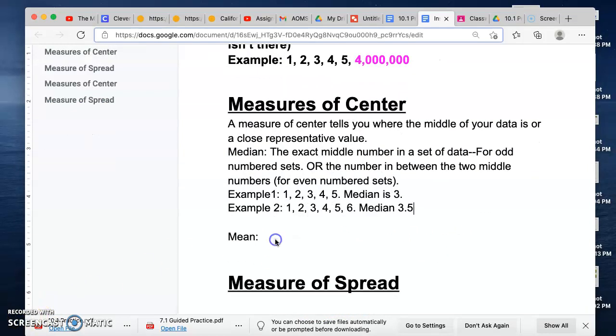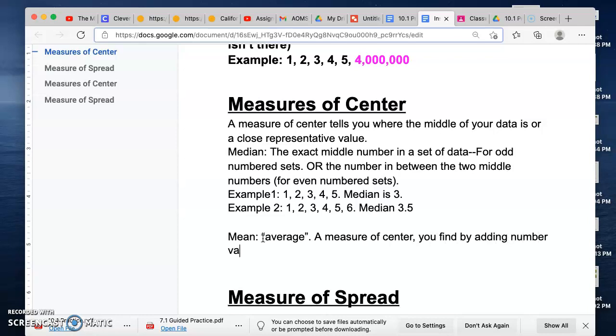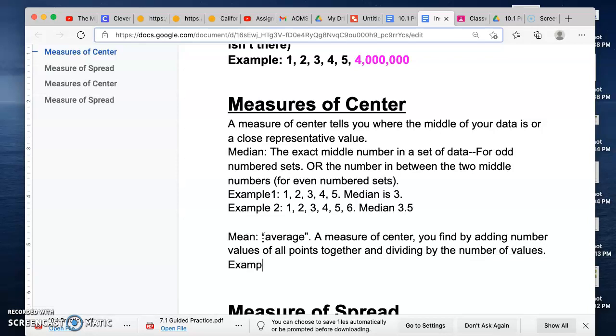Now for mean, mean is what most people are talking about when they say average. It's a measure of center you find by adding the number values of all points together and dividing by the number of values. So for my example here, let's say I've got, again, 1, 2, 3, 4, and 5.